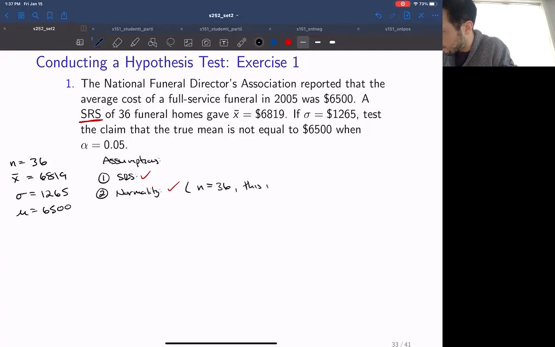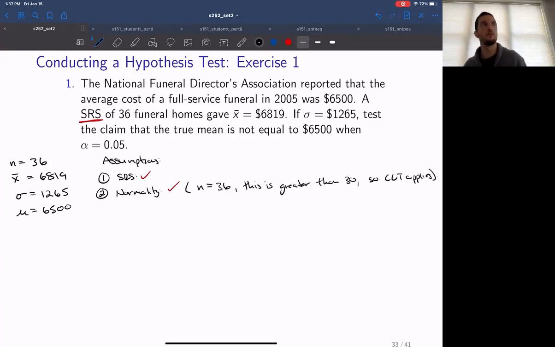This is greater than 30. So CLT applies. Okay. So for the normality assumption, we can use the central limit theorem to state that x bar is approximately normal because our sample size is larger than 30.